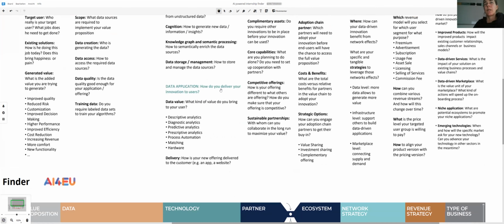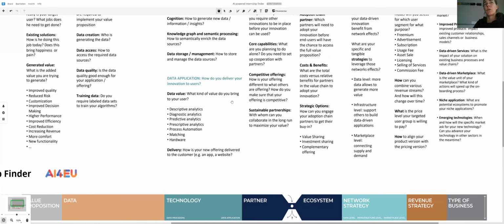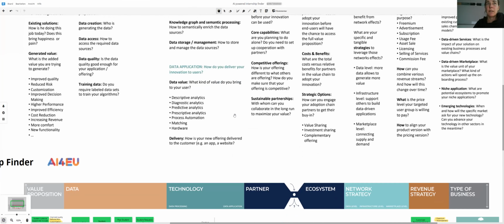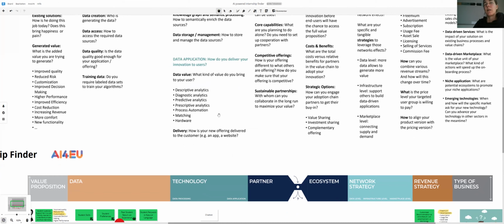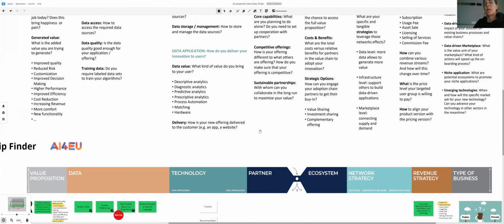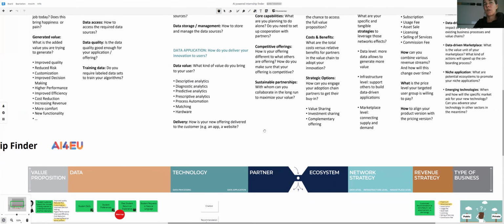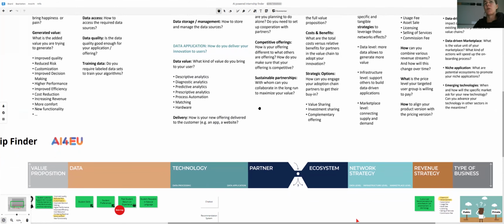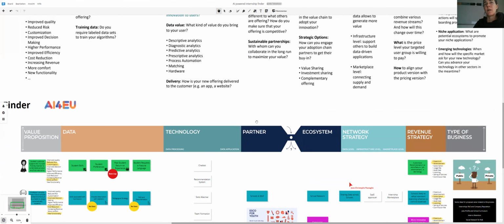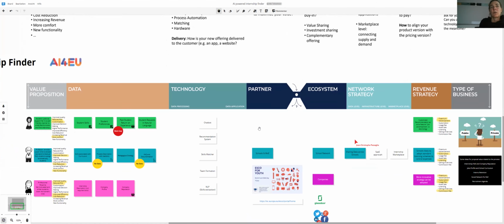And then in the area of data application, we try to understand which value Jean-Christophe is planning to bring to his students: which type of automatic analytics, whether he's automating processes, whether he's ensuring some matchmaking, and how at the end of the day he delivers his innovation to the customer. So what is the interface he's aiming to put forward? So let's, Jean-Christophe, see what's on the menu.